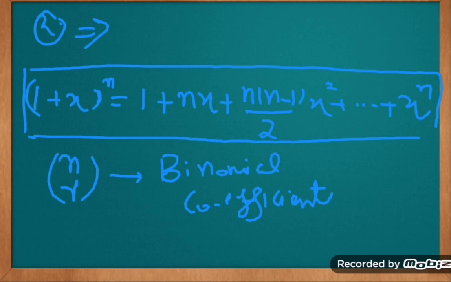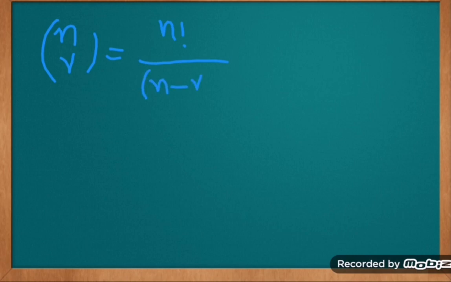Actually this is nCr, and we know that nCr is equal to n factorial divided by (n minus r) factorial into r factorial.